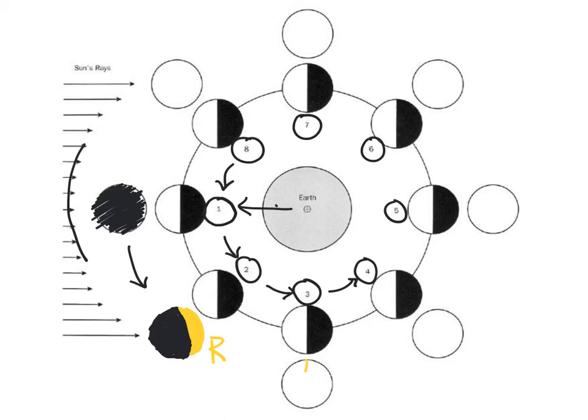Down here then, we are going to have the whole right-hand side illuminated. We have half of it, okay? And the other side is going to be in darkness.